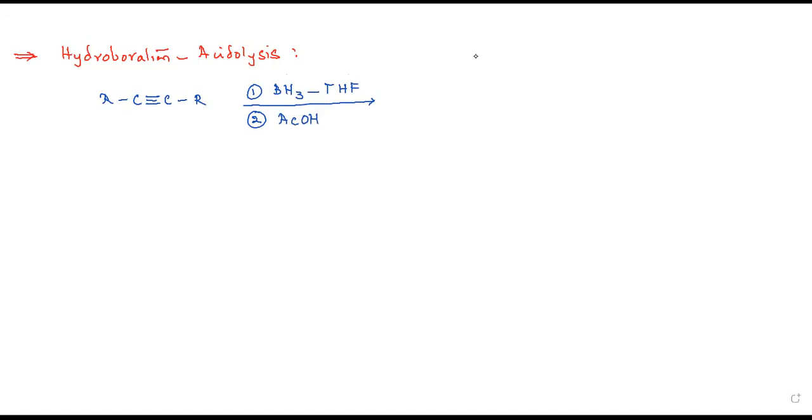Even this is a syn addition. We get R CH double bond CHR. But actually there is a problem in this. The problem with this reagent is that the reaction does not stop at the alkene stage.